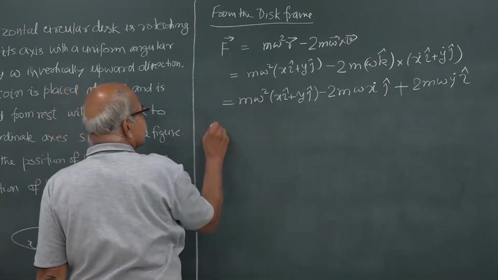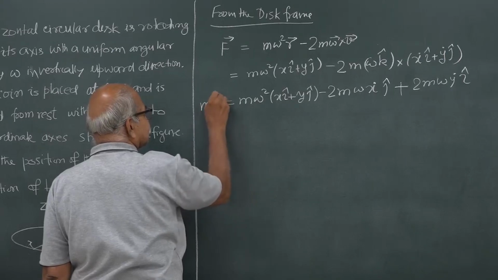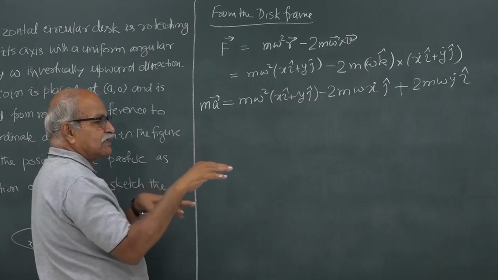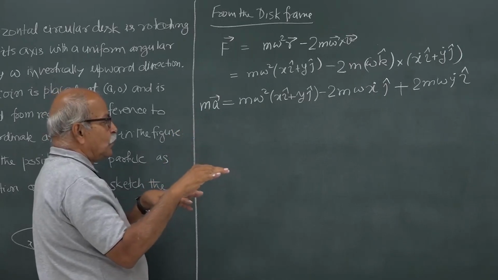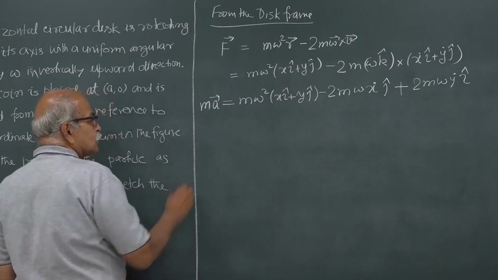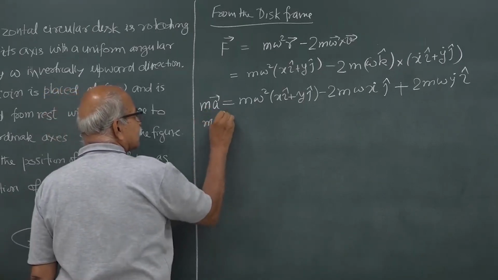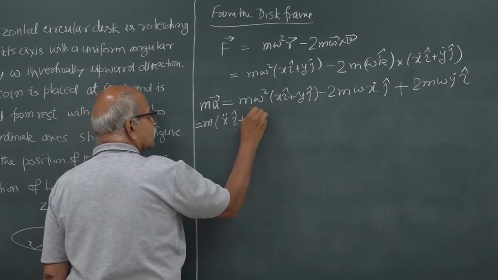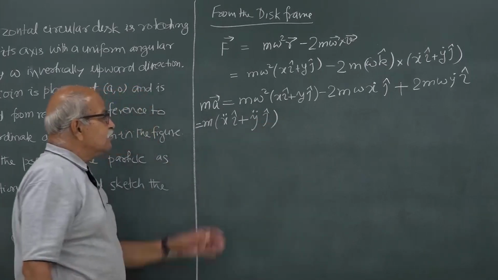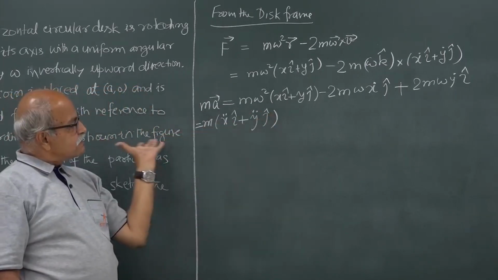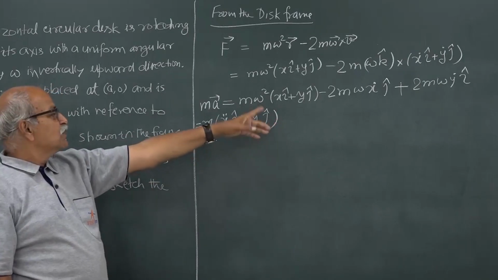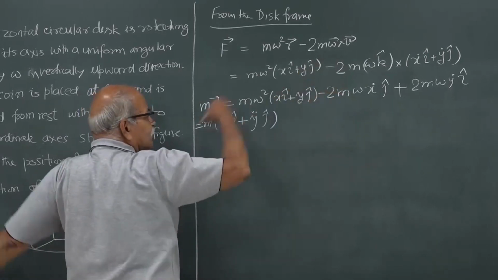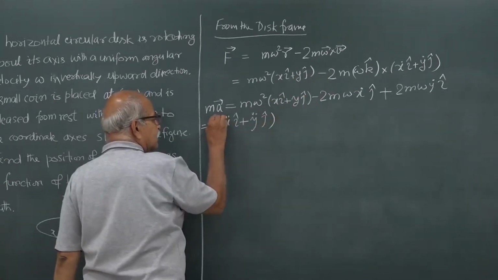Mass times acceleration is m x double dot i cap plus m y double dot j cap, and let us write the x component from both sides and y component from both sides. So, you will have two equations. What are those? m cancels out from everywhere.